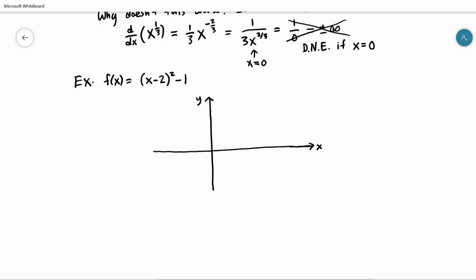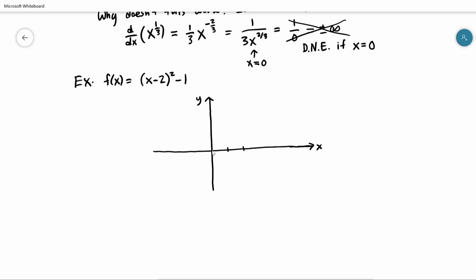Here's our y. We've got a parabola, and we are doing some transformations to it. The minus 2 here means that we're shifting the parabola 2 to the right, and that's a minus sign. And this one out here means we're shifting it down by 1. Normally if we just had f of x equals x squared, its vertex would be right here at the origin.